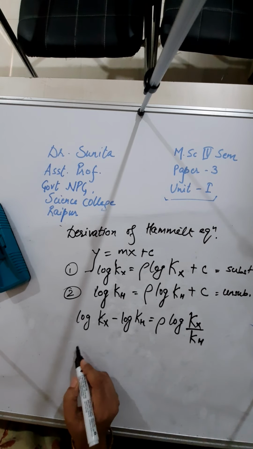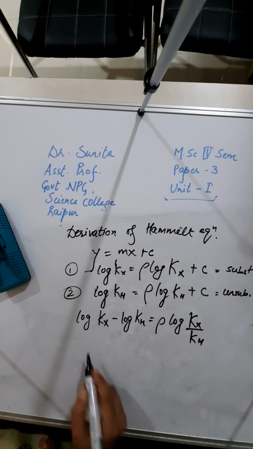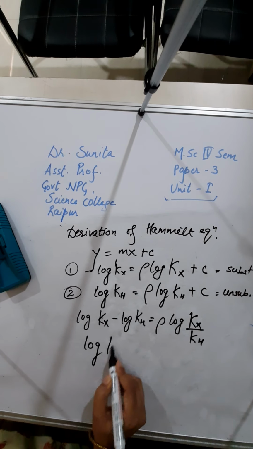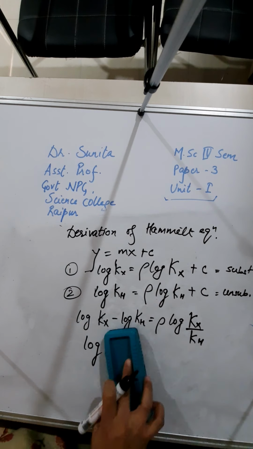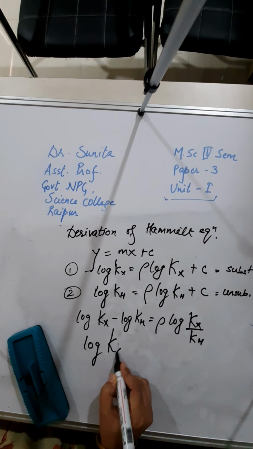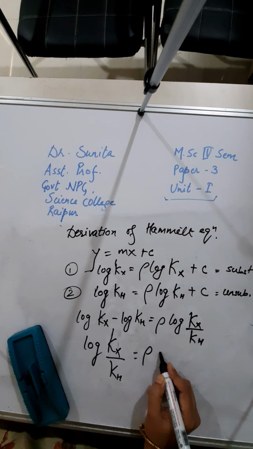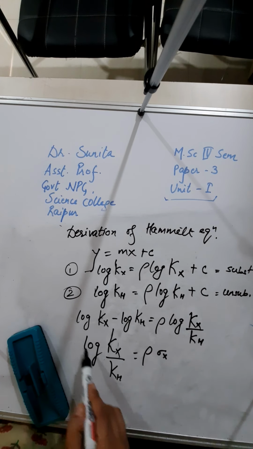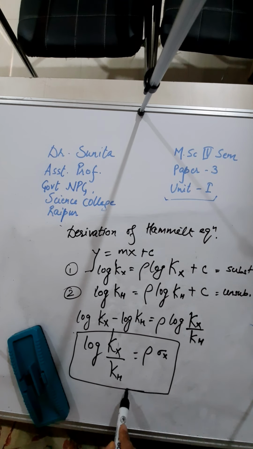Okay, now we got this equation. We can also write this as log kx over kh equals rho sigma x, and this is known as the Hammett equation.